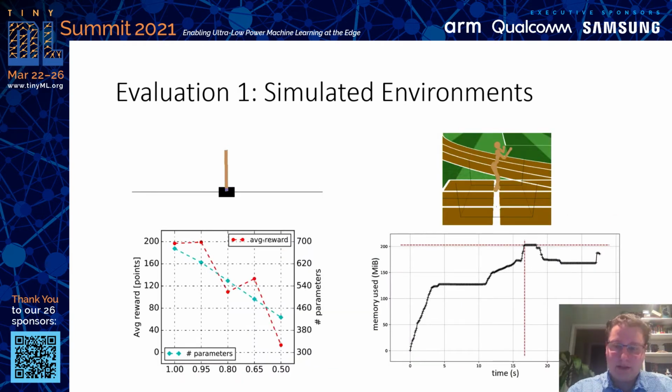Our evaluation is split into two subsections. First, we look at simulated environments. On the right, we have the humanoid from OpenAI's robot school. Here, the objective is to teach a bipedal humanoid to walk. What we show is the memory profile our framework was able to deliver.